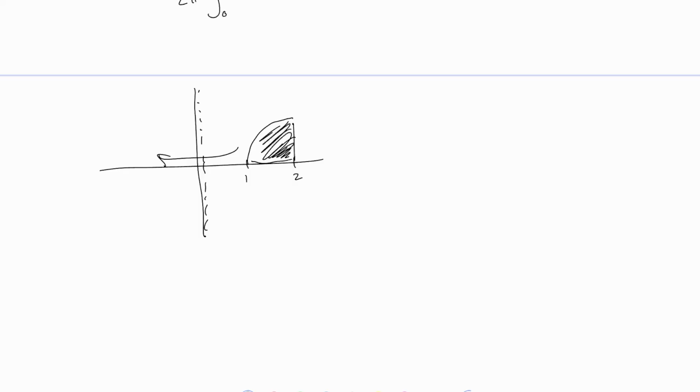To figure out the function there, but maybe I'll let you think about that. I'll give you a little hint. This circle here, if I were to draw the whole circle, what's the equation of that circle? Anybody remember? Generally, the equation of a circle is x squared plus y squared equals r squared, right?